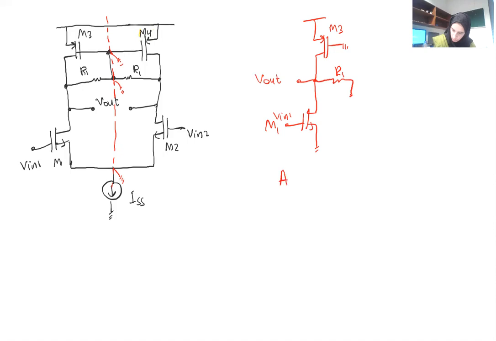Okay, so the gain will be minus GM1 times the output impedance that we see here. So here we are seeing R out 3. From this one, we are seeing R1. And down here we are seeing R out 1. So R out 1 in parallel with R1 in parallel with the R out 3. Any question?